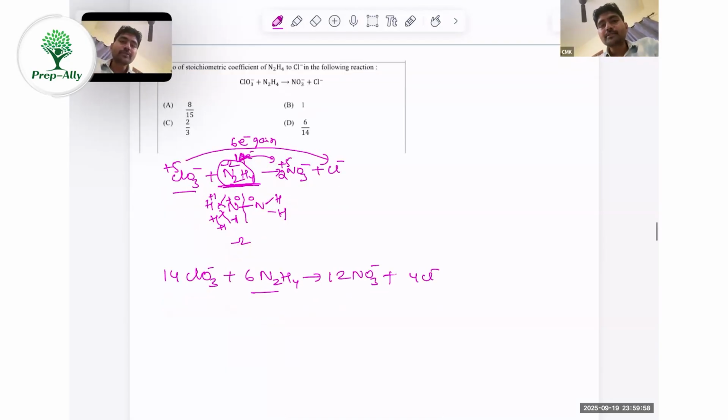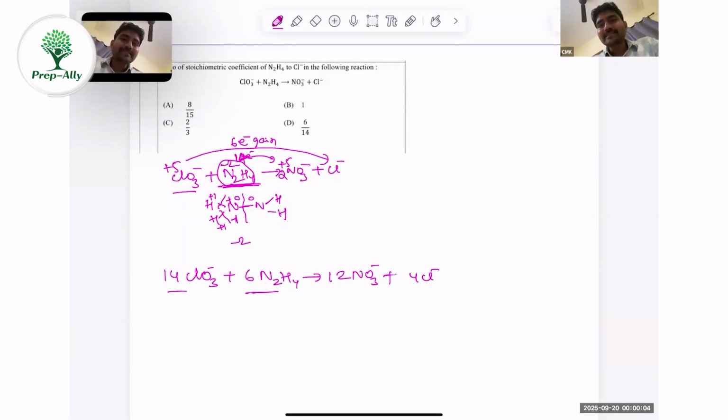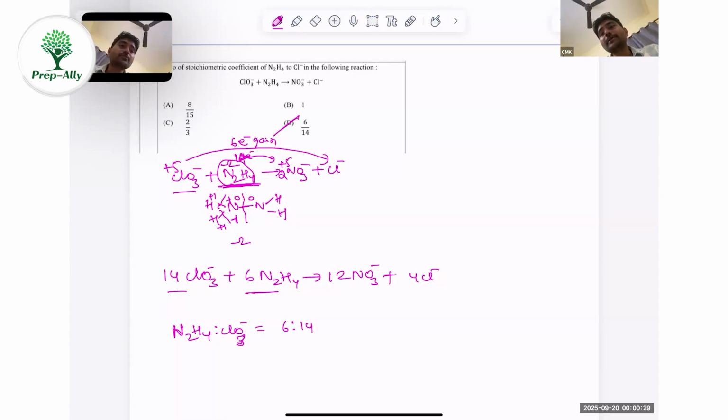Now coefficients, if you take it, 14 and 16, hydrazine to chlorate ion. What's the ratio? Simple stoichiometric ratio, 6:14. Simplify means 3:7, but directly given 6:14. Answer should be option D.